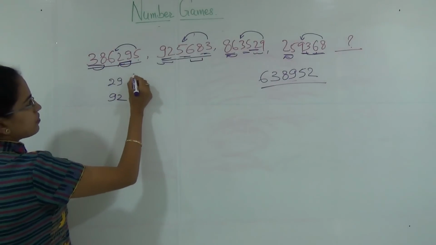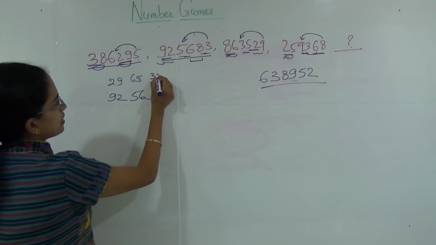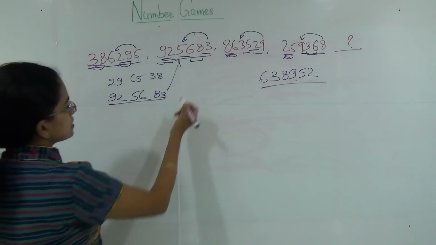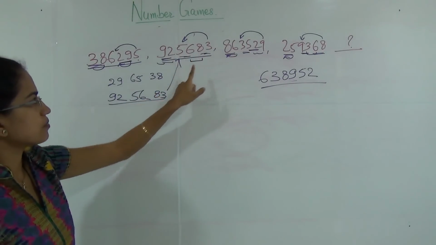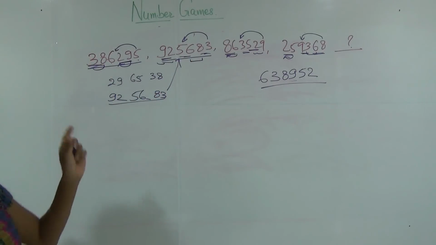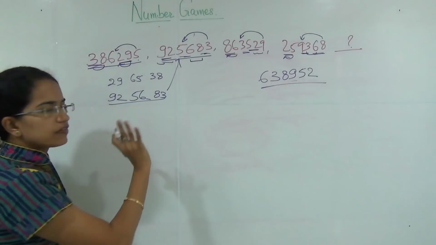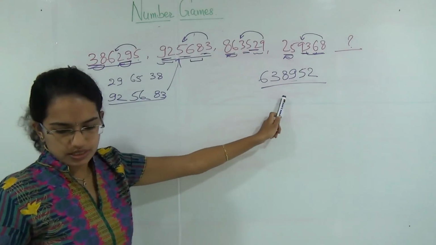Then I use 6 and 5 here and I make it 5 and 6. And then I use 3 and 8 here and I make 8 and 3. So it's 9, 2, 6, 3, 5, 6, 8, 3. So what we are doing is breaking the numbers in sets of 2 and then reversing them. So we will finally land up at our answer, which is this.